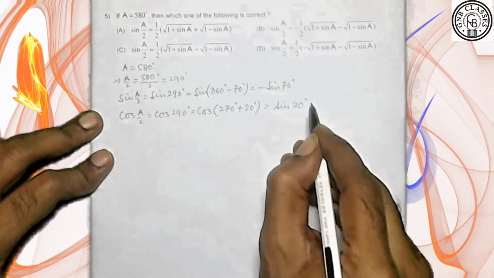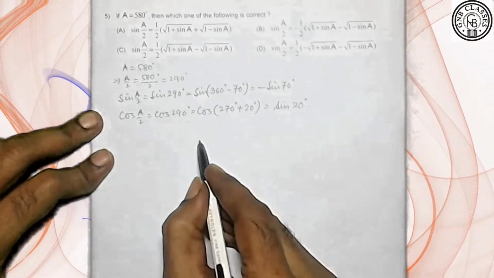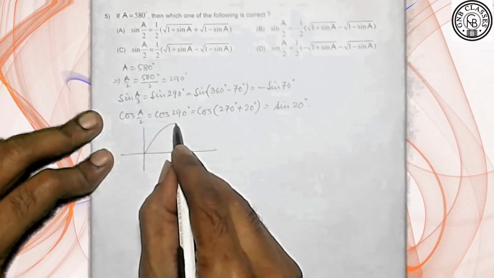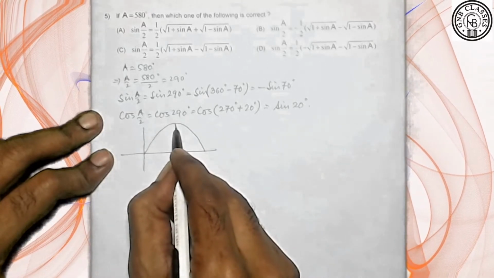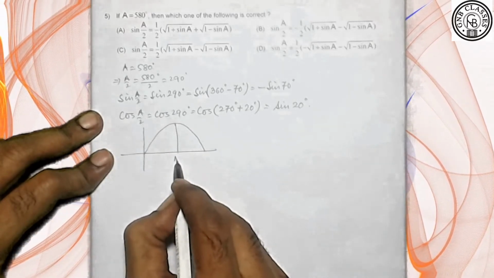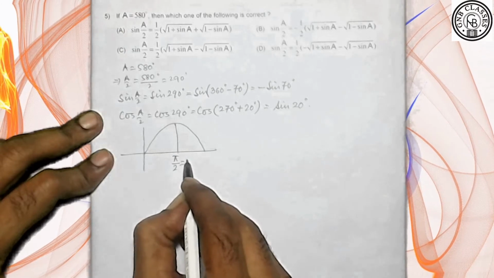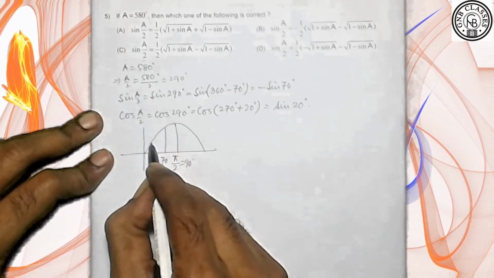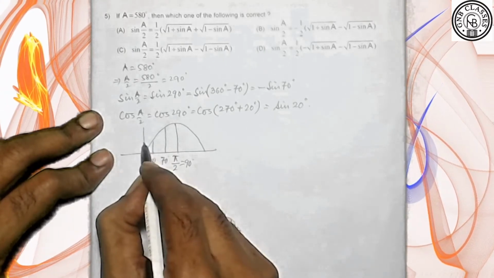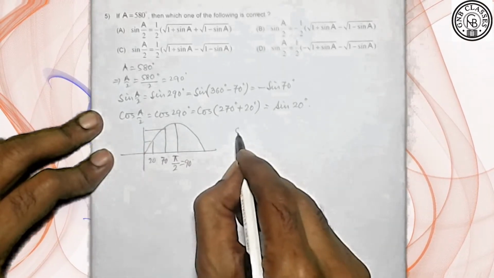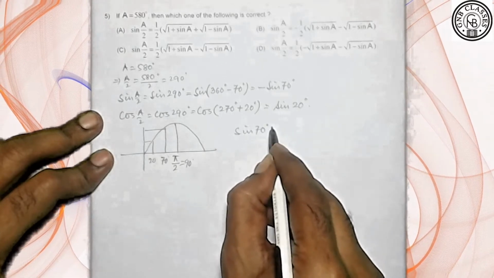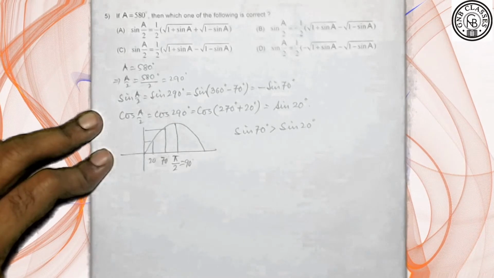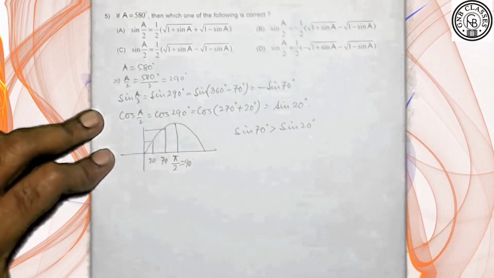Now, if I draw a sine graph, you can easily understand that this is your sine graph from 0 to pi. This is your pi by 2 or 90 degree. So your 70 is somewhere here and 20 is somewhere here. So obviously sine 70 is greater than sine 20, because from 0 to 90 degrees sine is an increasing curve.